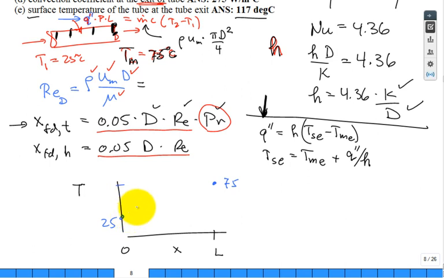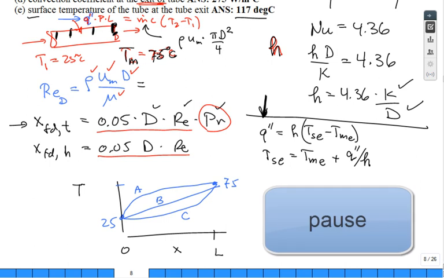So what does the bulk fluid temperature, the mean temperature, do? Does it do something like this for this problem? Or something like this? Or something like this? You know, it's answer A, B, or C. What is the profile of Tm, the mean temperature of the fluid, through the pipe?